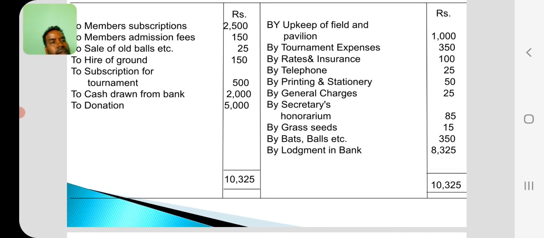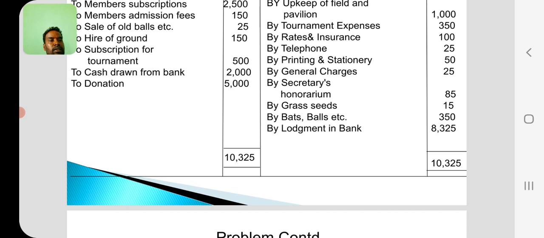By upkeep of field and pavilion 1000, tournament expenses 350, rates and insurance 100, telephone 25, by printing and stationery 50, by general charges 25, by secretary's honorarium 85, by grass seeds 15, by bats, balls etc. 350, by lodgement in bank 8,300.